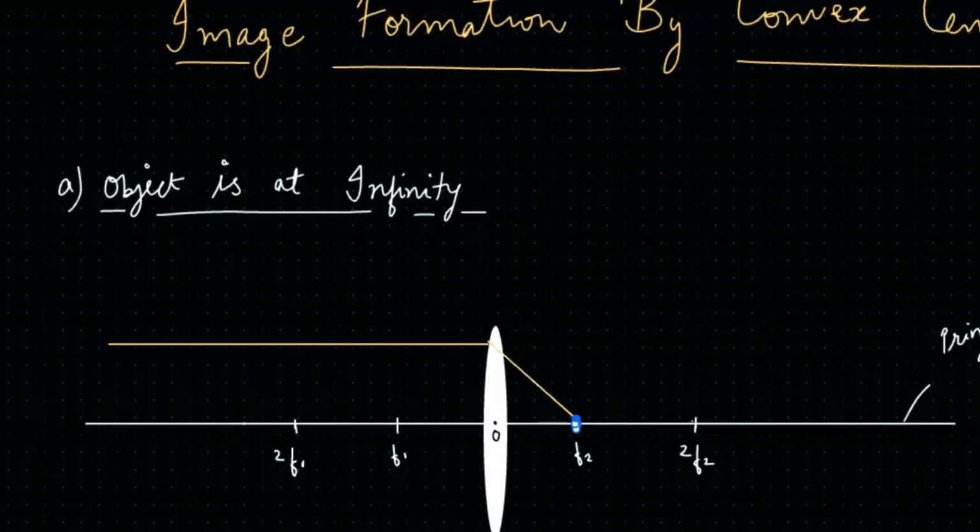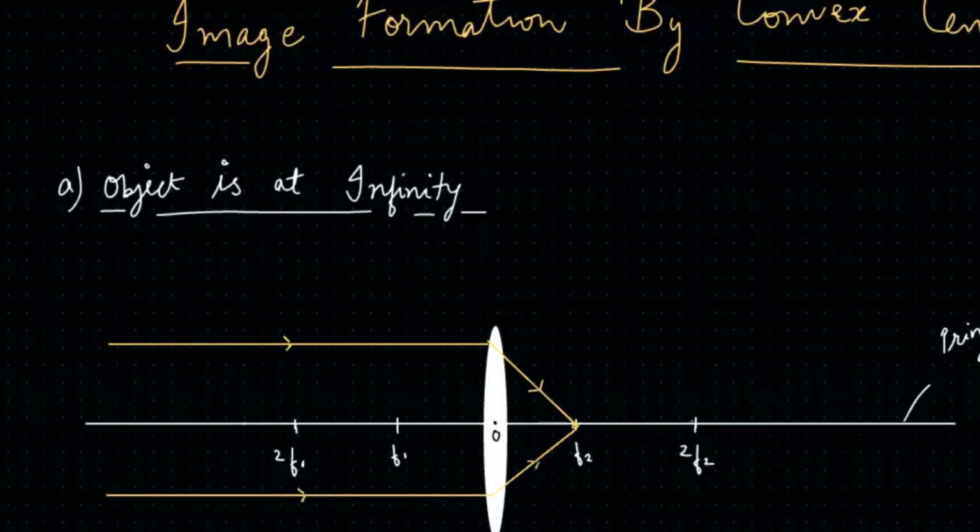So we are drawing two straight parallel lines through the principal axis, and they are meeting at focus. These are the two rays. After refraction through the lens, they meet at focus.